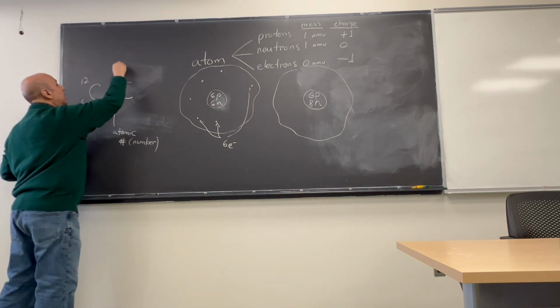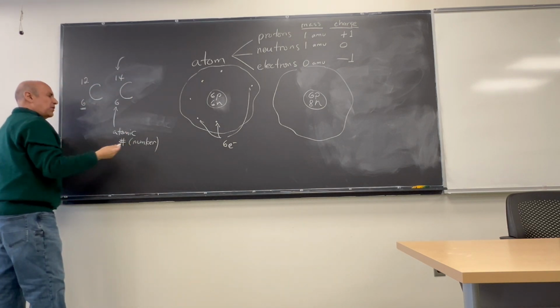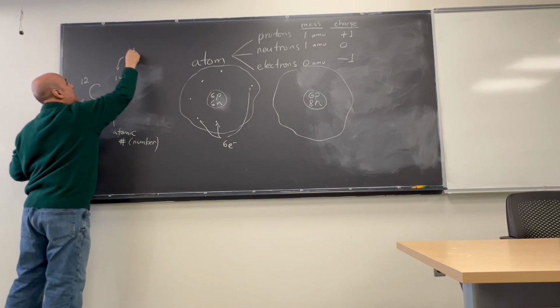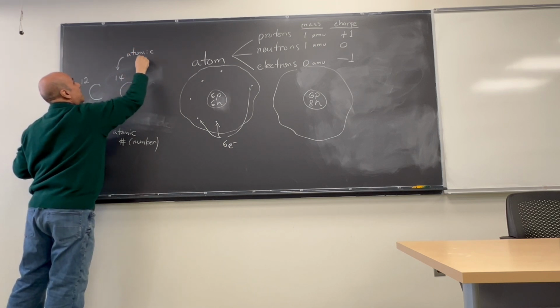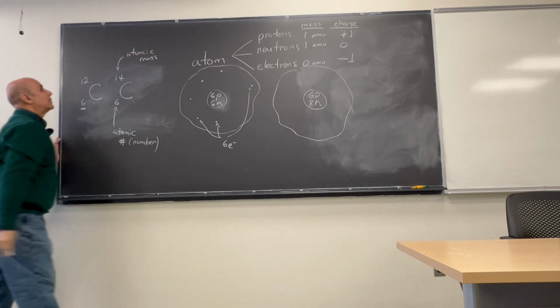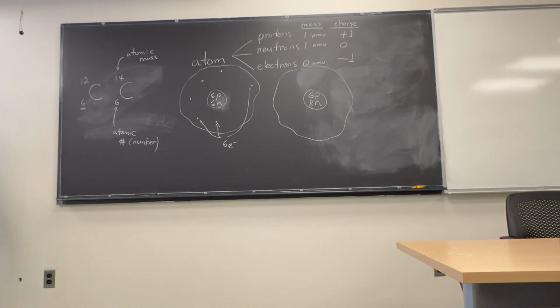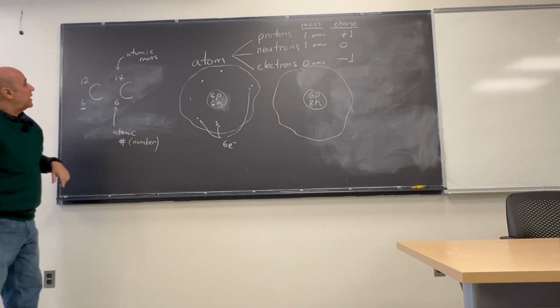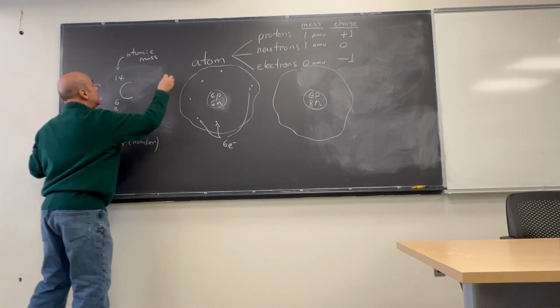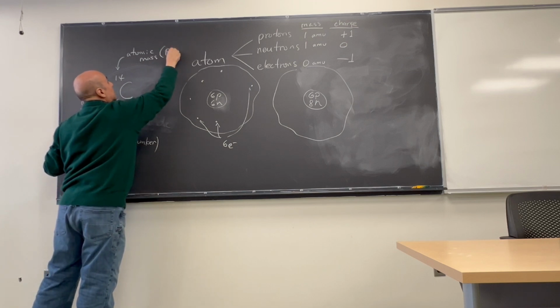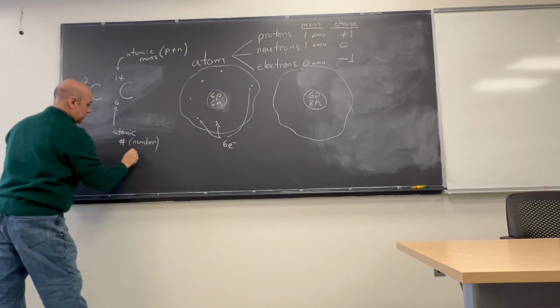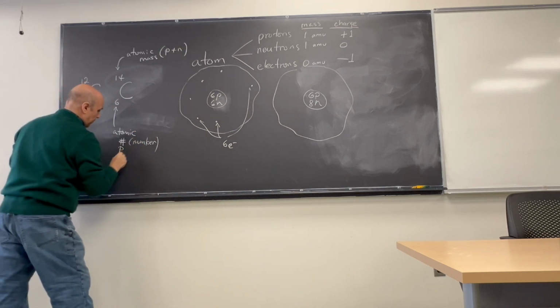This number has several names, but we're going to call it the atomic mass. You may hear something like the molar mass, the molecular weight, the atomic weight. There are several names, but we're going to simply call it the atomic mass. And the atomic mass is the number of protons plus the number of neutrons. This is just the number of protons.